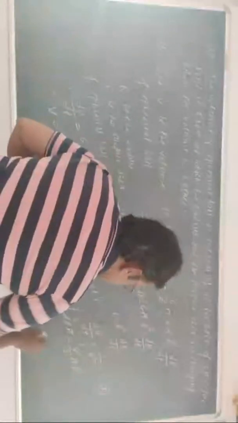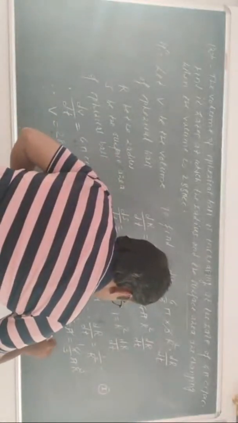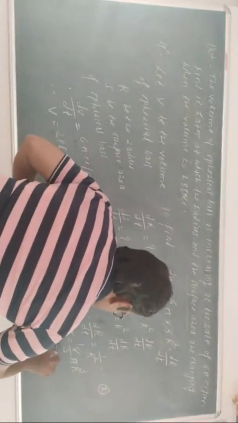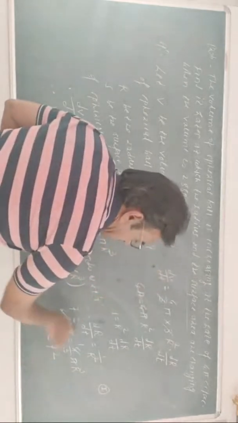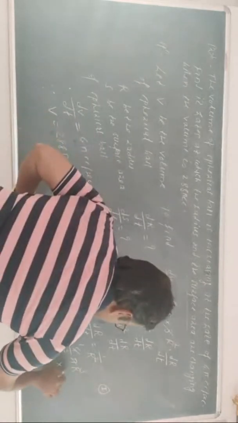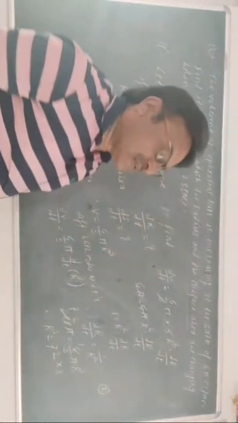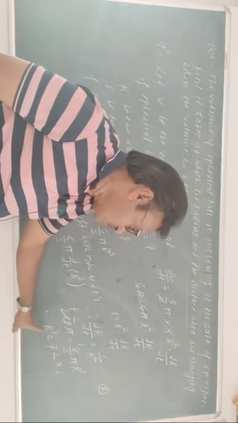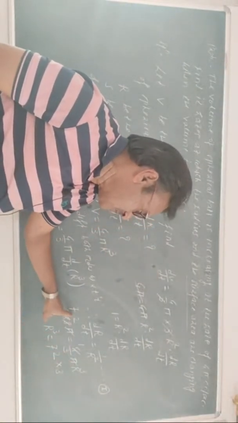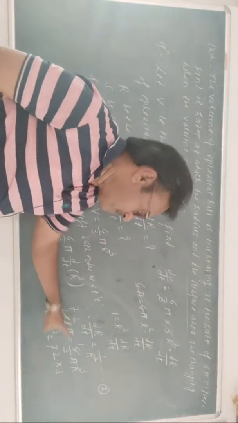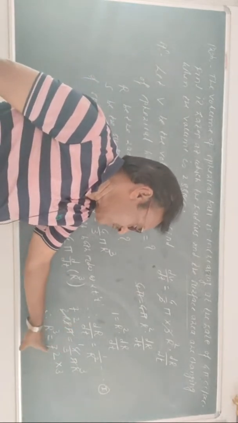Therefore from this we find r cube is equal to this 72 as it is multiplied by 3. So 72 into 3.